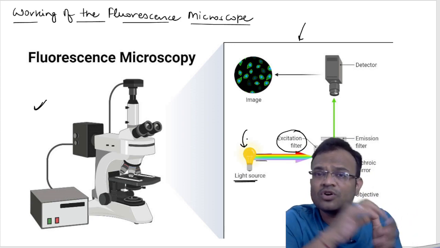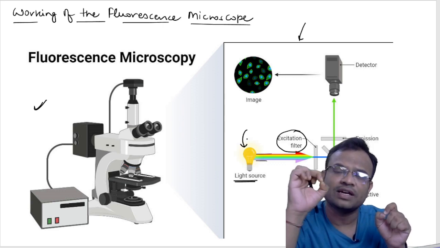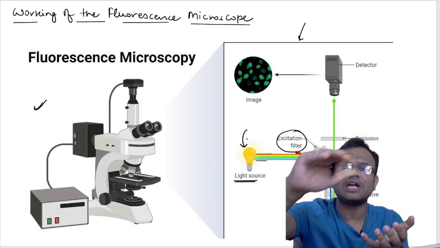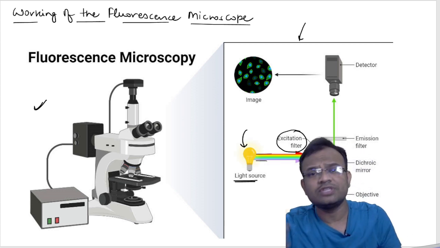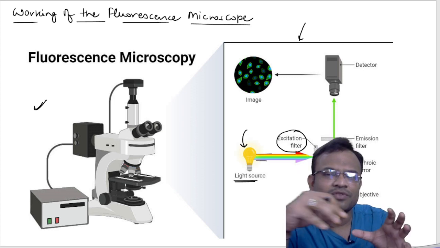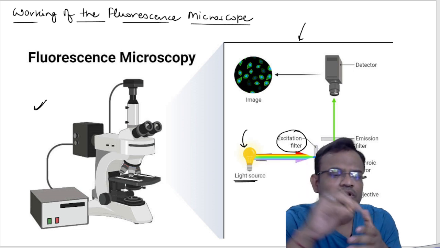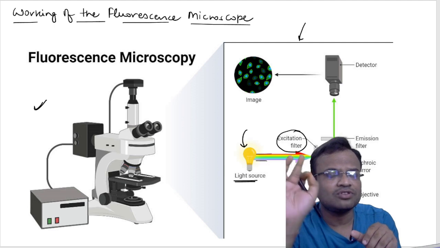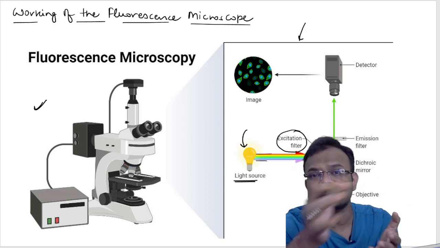No. Because we require only a particular wavelength for exciting the fluorophore that has been coated upon our sample. Now you can see that this is our sample. Since we are working in fluorescence microscopy, this sample will definitely be coated with fluorophore. Therefore you require a particular wavelength of light to be incident upon the fluorophore so that it can emit light as fluorescence.